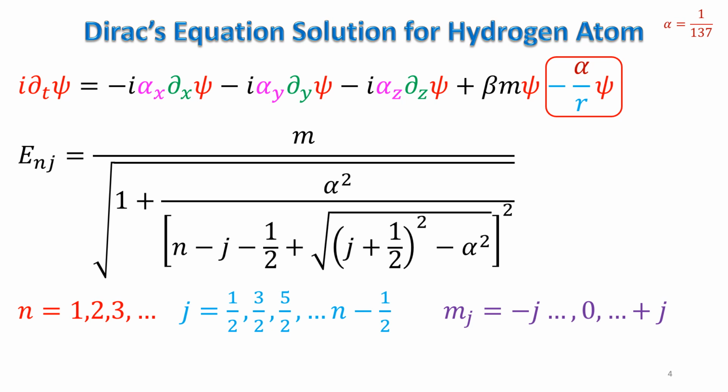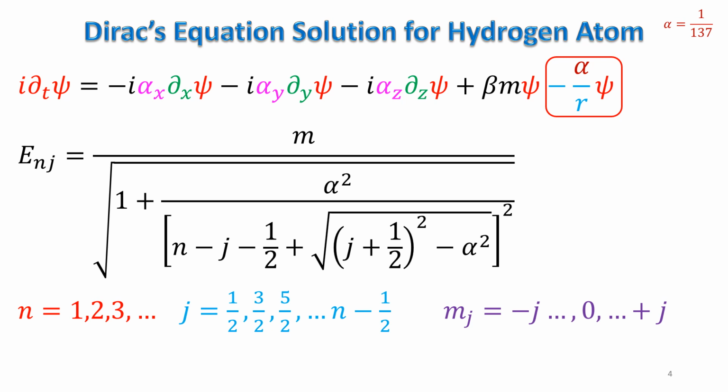The solutions are described by three quantum numbers n, j, m sub j, which are appearing on your screen. N largely specifies the energy level. You can observe here, n is equal to 1, 2, 3, and so on. J specifies the total angular momentum and also slightly affects the energy.